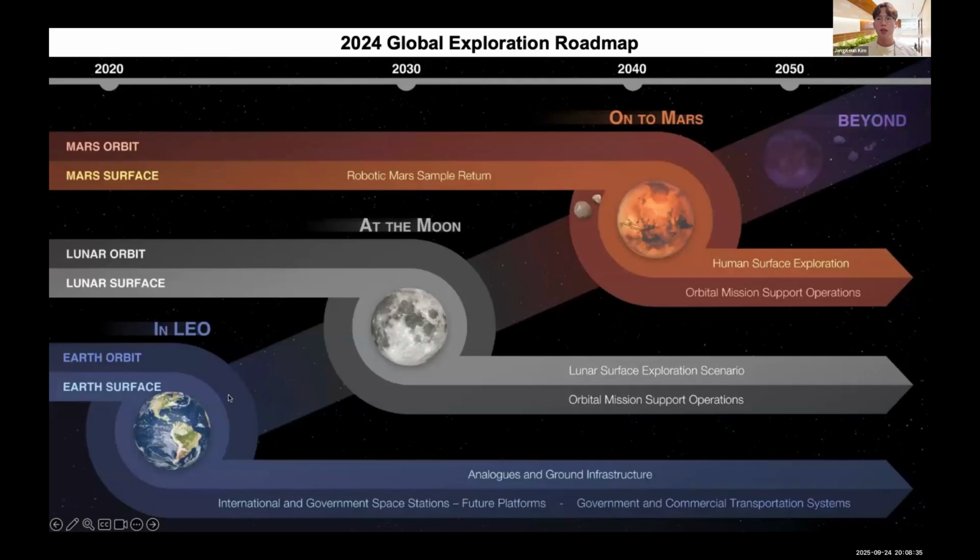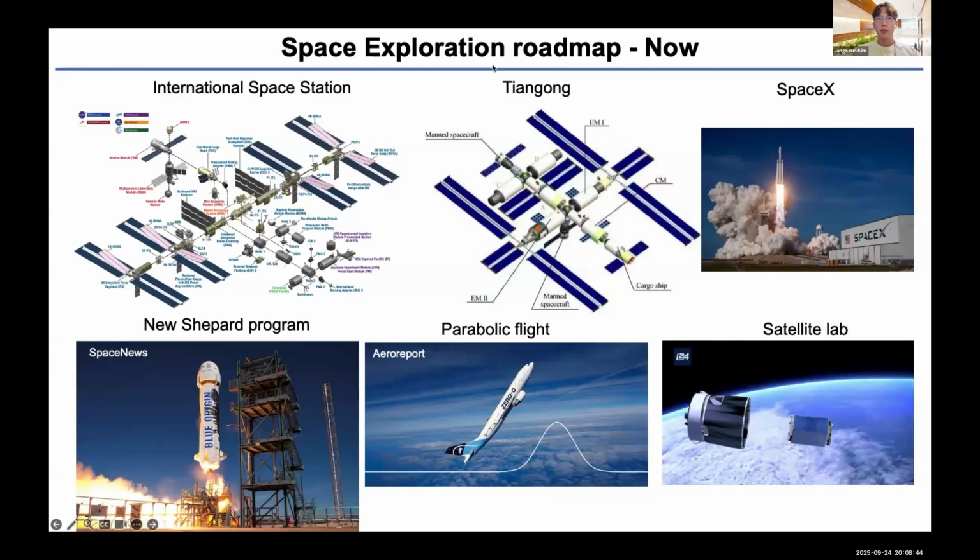In the long term, humanity is moving from Earth to low Earth orbit to the Moon and Mars. Currently, the major platform is the International Space Station, which will be retired in 2030. China also has its own Tiangong Space Station.